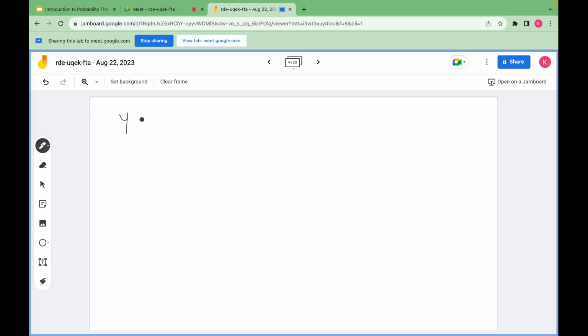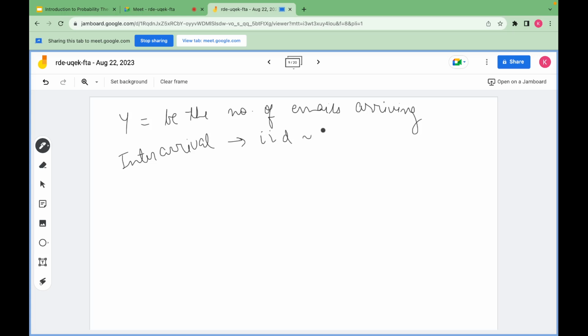Let Y be the number of emails arriving. We are given that the inter-arrival times are IID with exponential distribution with parameter lambda. So this means that Y is a Poisson distribution.